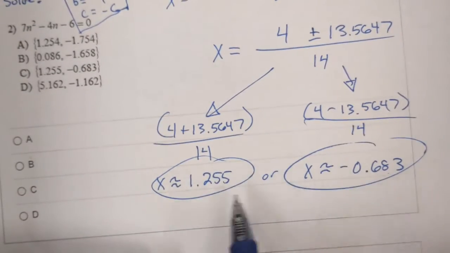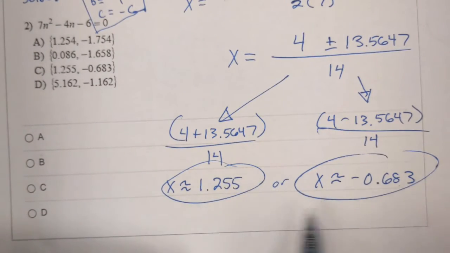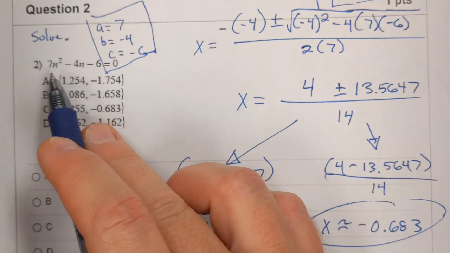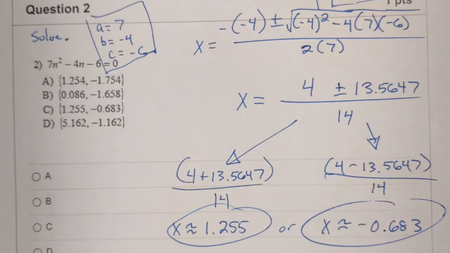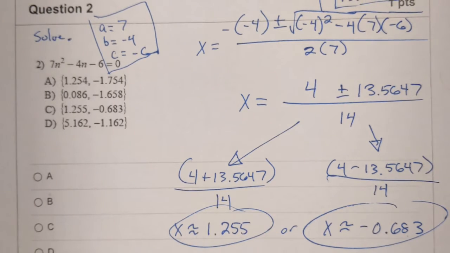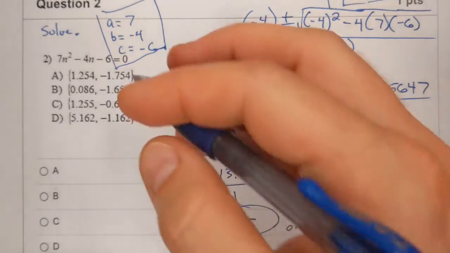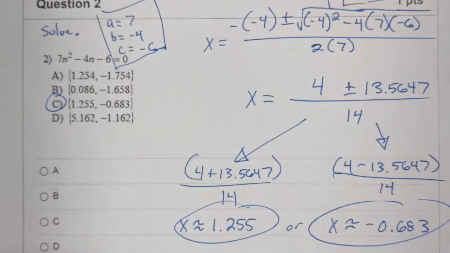So both of these are solutions. I could plug either one of these numbers in for x, or in this case in for n, and it would make it equal to 0. There might be a slight round-off error because I had to round my answers, but I can see the correct answer is C.